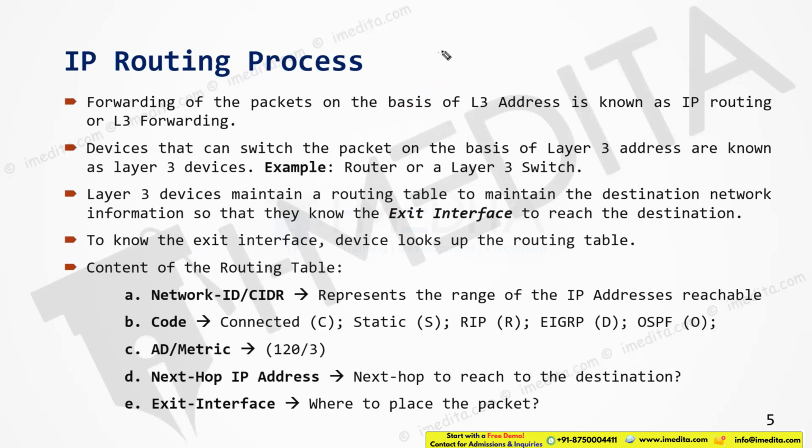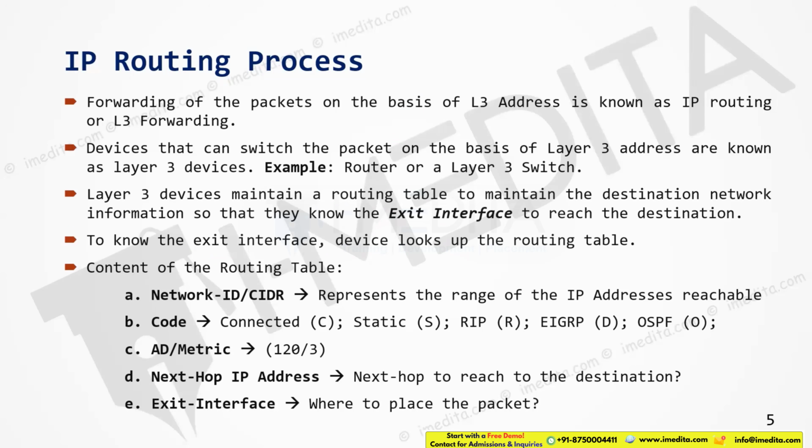Basically, layer 3 devices, a router, a switch, any device that can do packet forwarding based on the destination IP, will look up the routing table to decide out of which interface to forward the packet: 0/0, 0/1, 1/0, whatever.